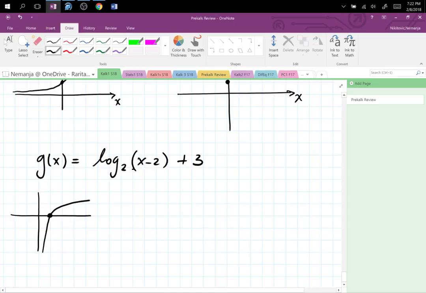It goes through 1. This is just log base 2 of x. And now you have to go 2 right, 3 up. Transformations are the same. It's x minus 2 on both of these. It's plus 3 at the end of the function for both of these.